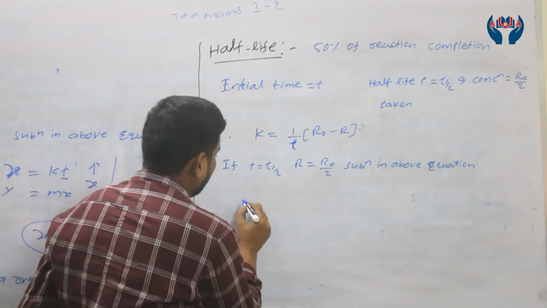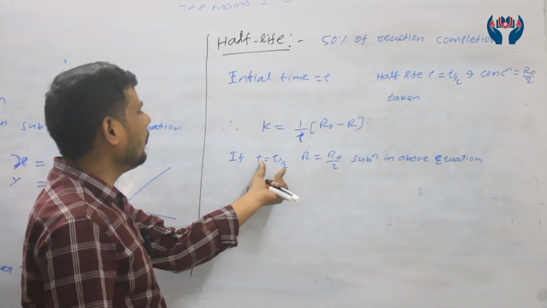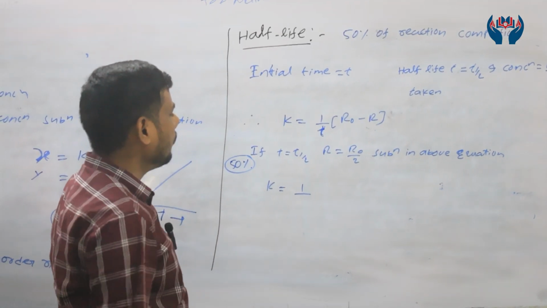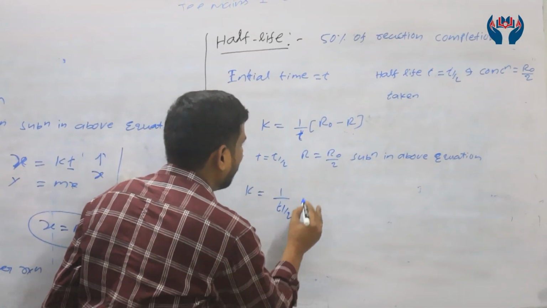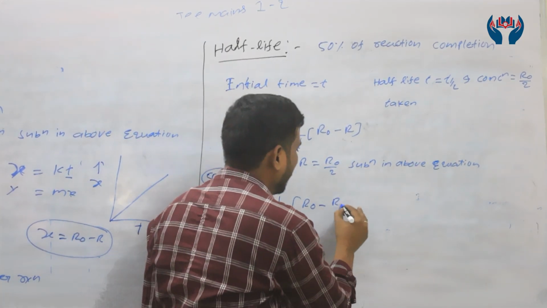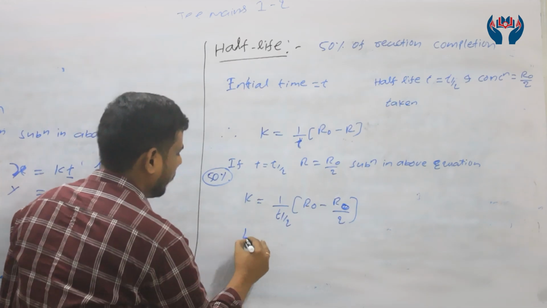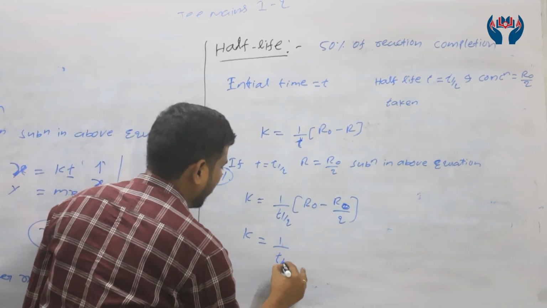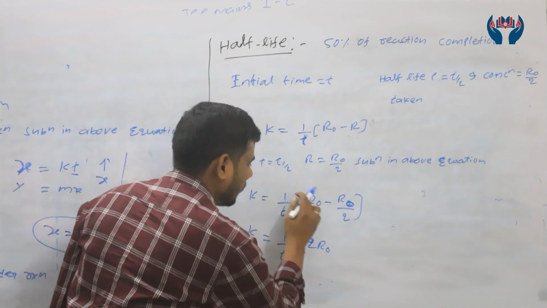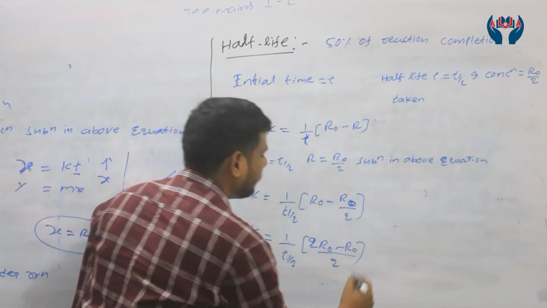Then t equal to t half means 50% of the reaction is completed, and R0 minus R equal to R0 by 2. Therefore, K equal to 1 by t half into (R0 minus R0 by 2).